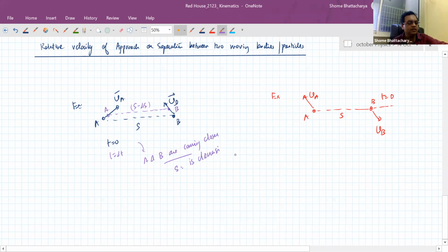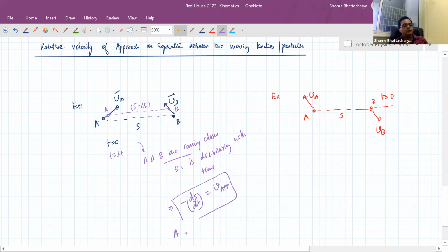So when that happens, we say that they have something called an approach velocity. Okay. So then we say that minus ds by dt, that is the rate at which the distance is decreasing, that becomes the approach velocity.